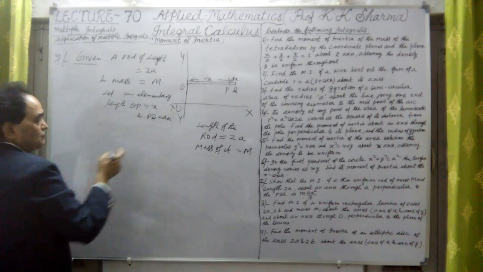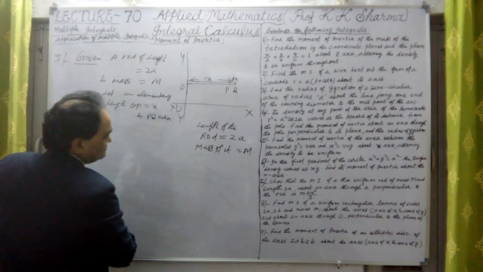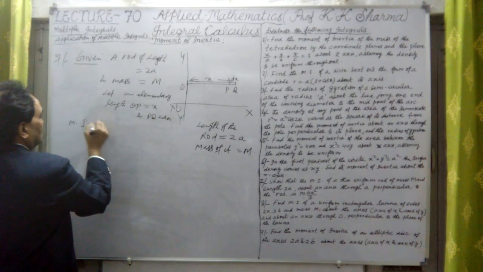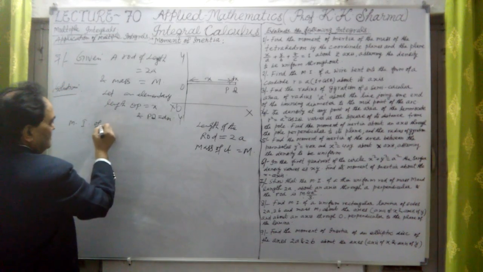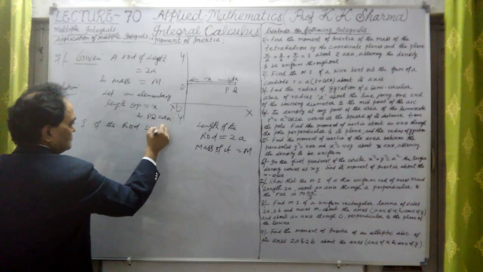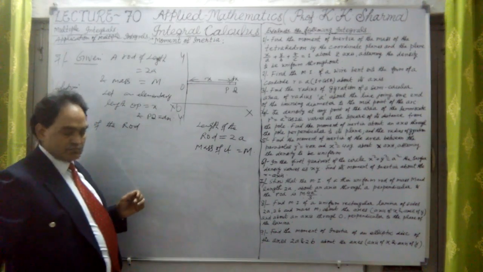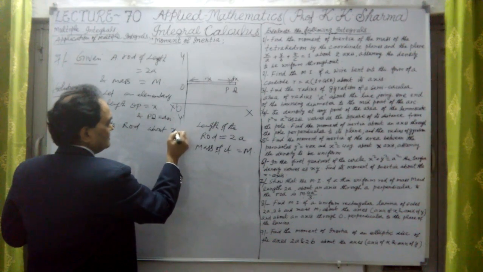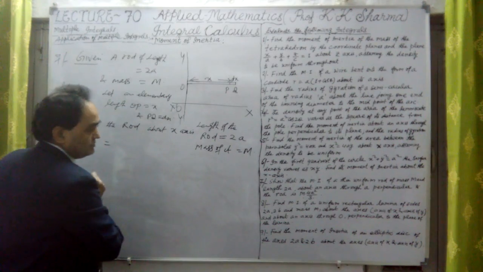Okay. If I have to find this with respect to x, then what is the MI? Therefore, MI is the solution we are finding out. MI of the rod about, let me take about the x-axis, will be how much?